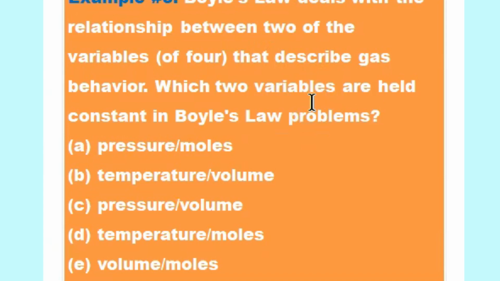Okay, according to Boyle's law, pressure and volume are inversely related at constant temperature and amount of gas. A, pressure, moles; B, temperature, volume; C, pressure, volume; D, temperature, moles; E, moles, volume. Which one is constant according to Boyle's law?